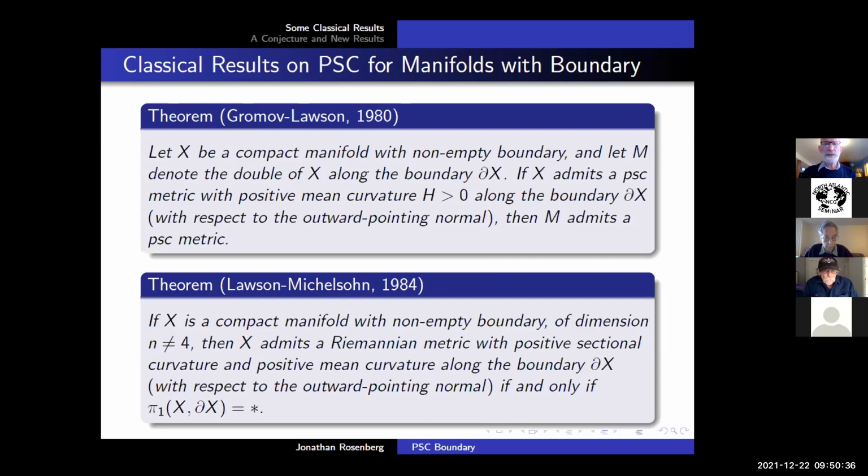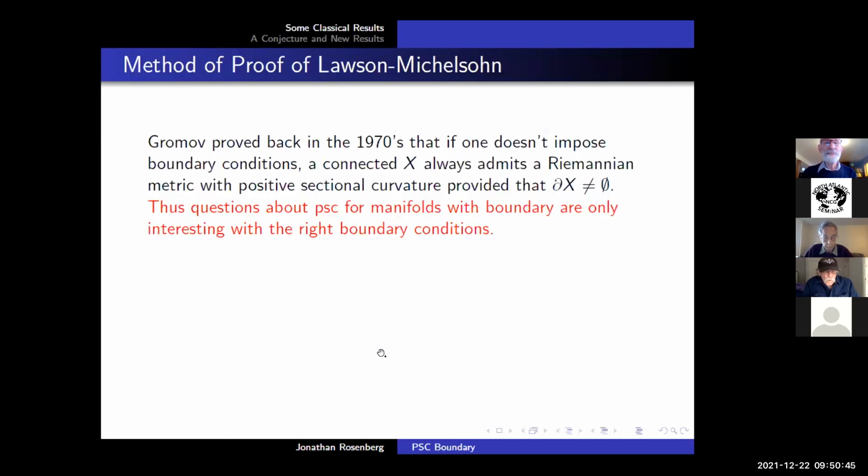So these are some classical facts. These were proved back in the 1980s, and then people largely forgot about these things. Something else worth pointing out is that Gromov proved back in the 1970s that if you don't impose any boundary conditions, then a connected manifold always admits a Riemannian metric with positive scalar curvature as long as the boundary is not empty.